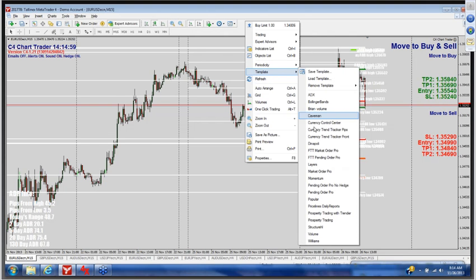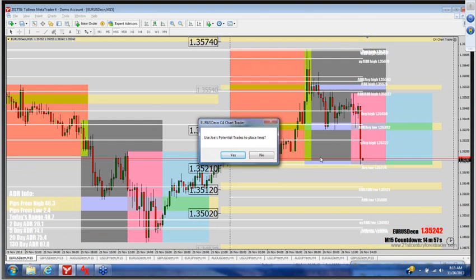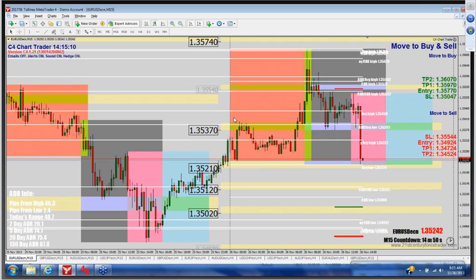So I like to use that FTT Pending Order Pro. Either one's fine. You can do this without the thermal grids. You can do it just by simply doing what we just did, gathering the data and then placing your trades. But having the thermal grids on your chart takes out a couple of steps, right? It makes it a little bit easier. Takes out a couple of steps where we actually have to draw lines. So anyway, we had 35.37 was our channel top.